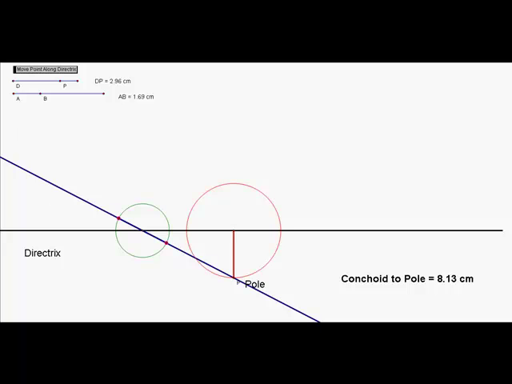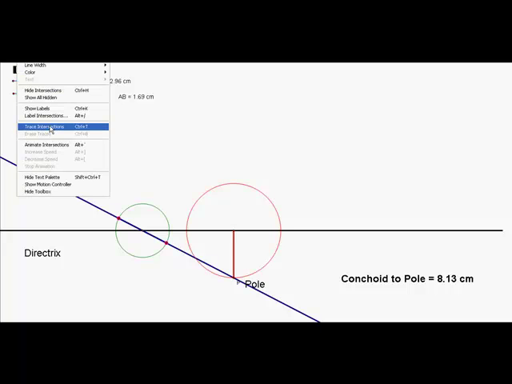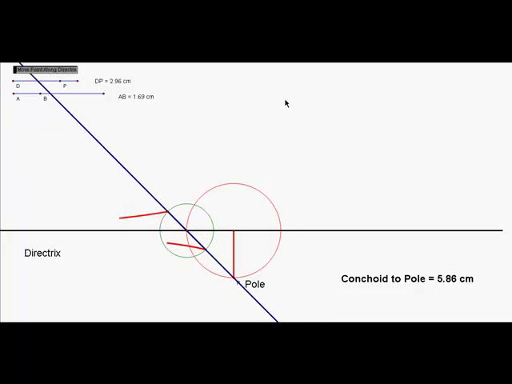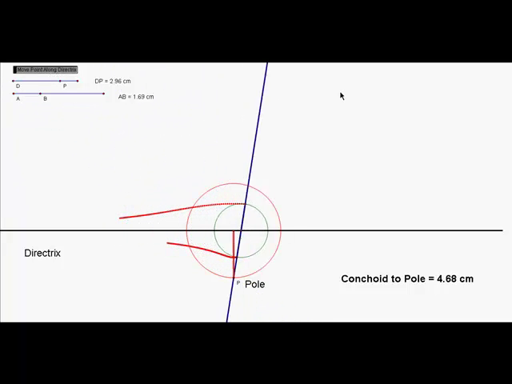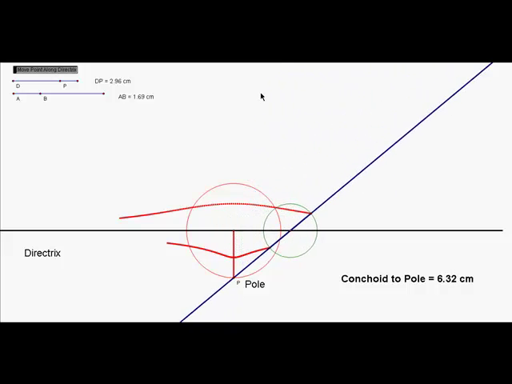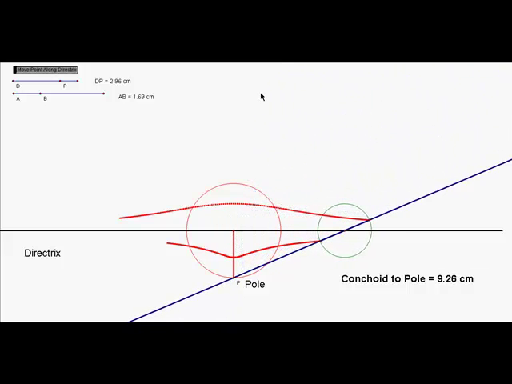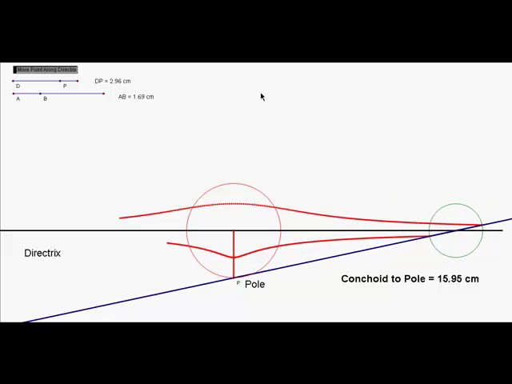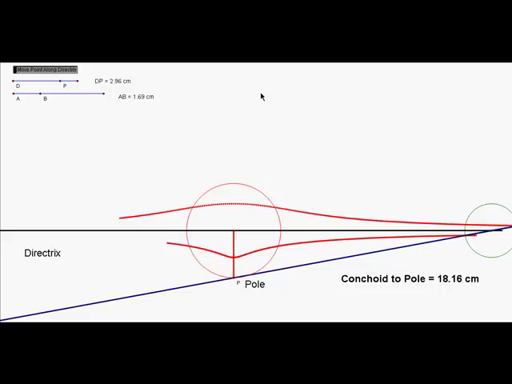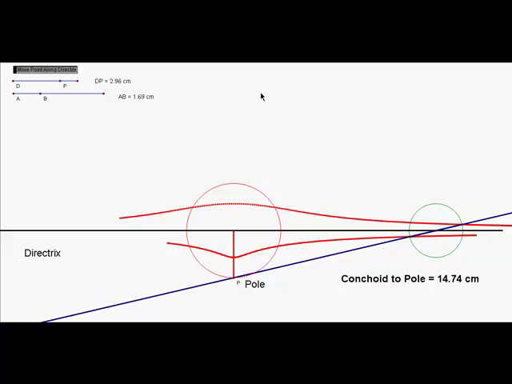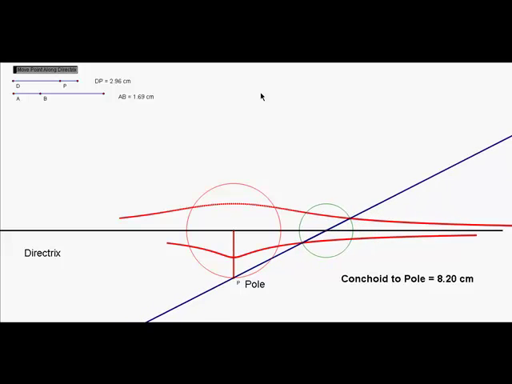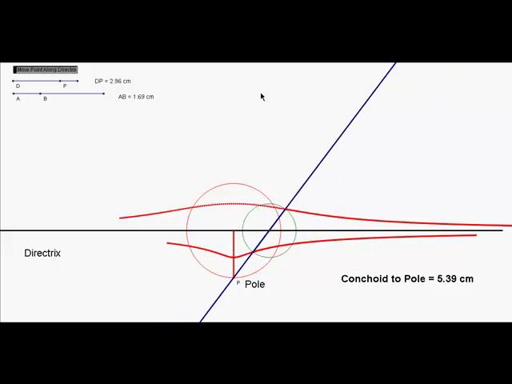Once again, highlight those endpoints, trace the curve, and let's animate. Notice that now we've not only lost the loop we had at the beginning when the green circle was larger, we've also lost the cusp. And as the ratio changes, the two loci of the curve are getting more and more like straight lines.